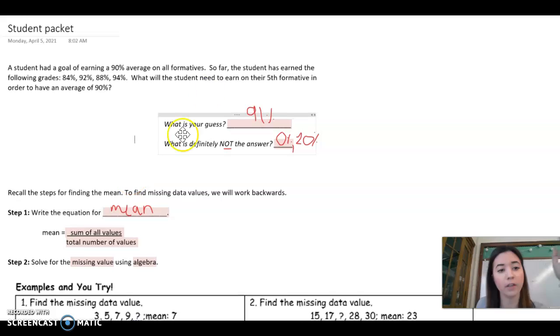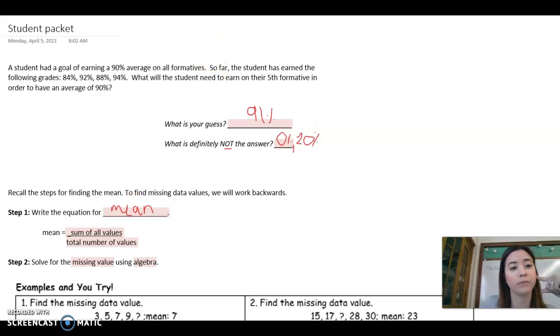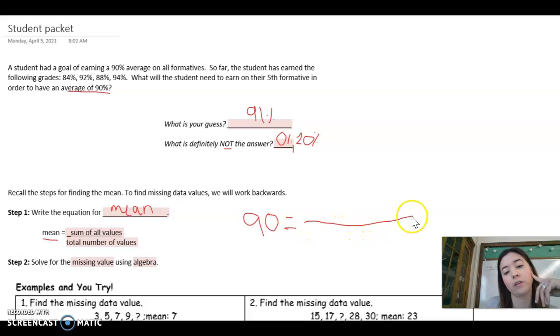Alright, so let's go ahead and give this a try. So, test scores, and we have an average of 90. Well, remember, our average equals this. So I'm going to say our average was 90%. And we put our sum of all numbers on top.